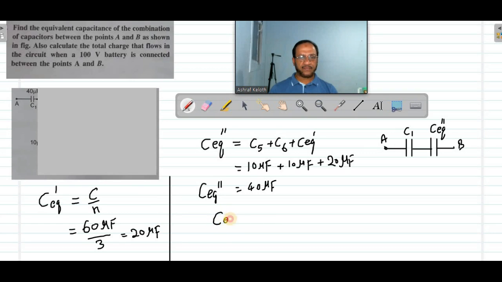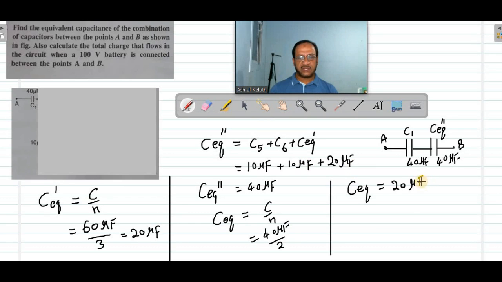CEQ is equal to, C1 is given in the figure as 40 microfarad, and C equivalent 2 dash we also got as 40 microfarad. Since they are of equal magnitude, we can use the simplified equation C by N, that is 40 by 2. So the final answer: the net capacitance of the combination is 20 microfarad, the total capacitance of the network.